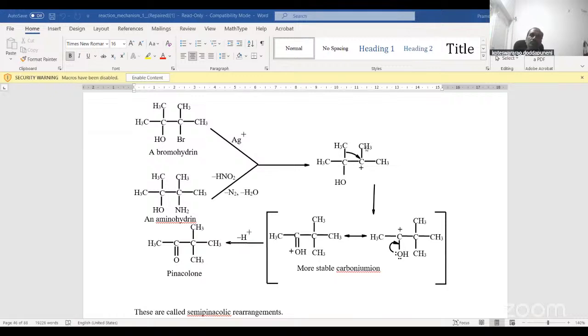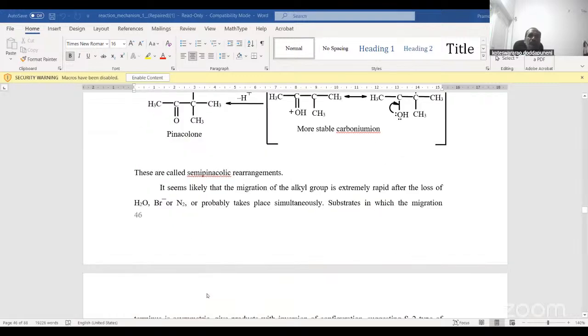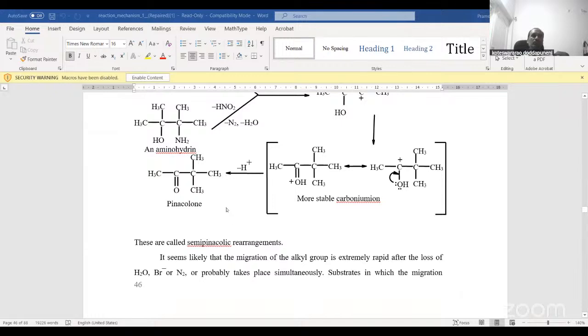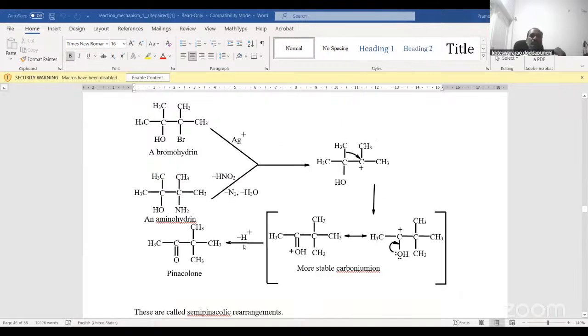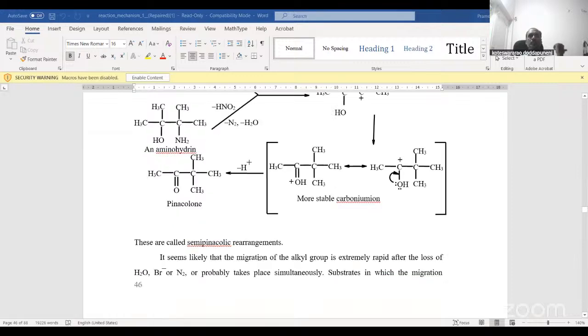This carbocation undergoes rearrangement to the more stable carbonium ion, and elimination of a proton leads to the pinacolone derivative. Reactions involving bromohydrin and aminohydrin are known as semipinacol rearrangements.